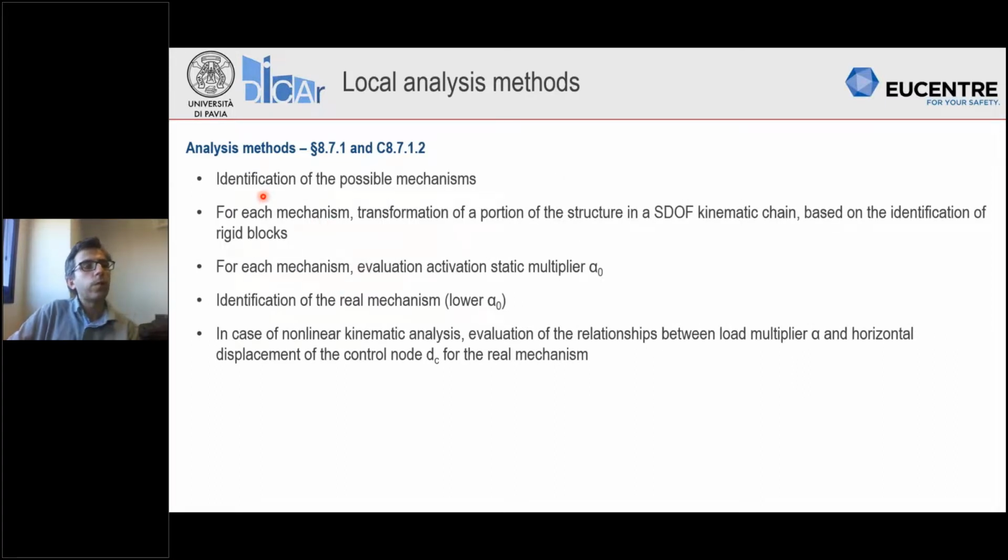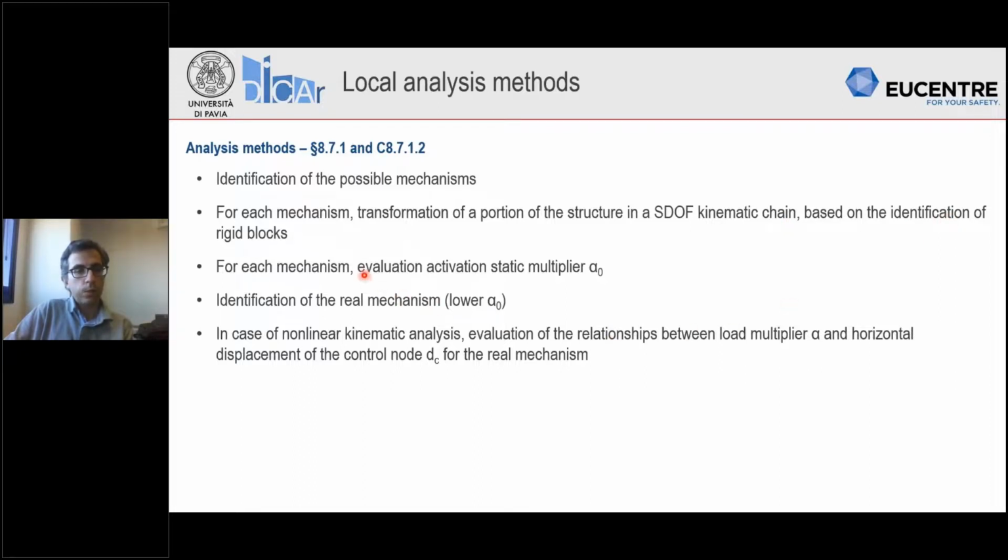How can we perform the assessment? First of all, we have to identify all the possible mechanisms. And for each mechanism, we then have to transform the real mechanism into a single degree of freedom kinematic chain based on the identification of rigid blocks.